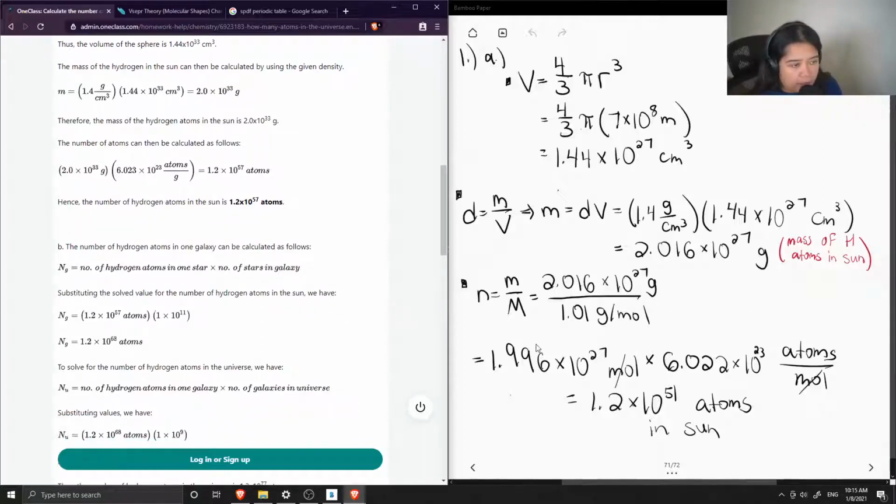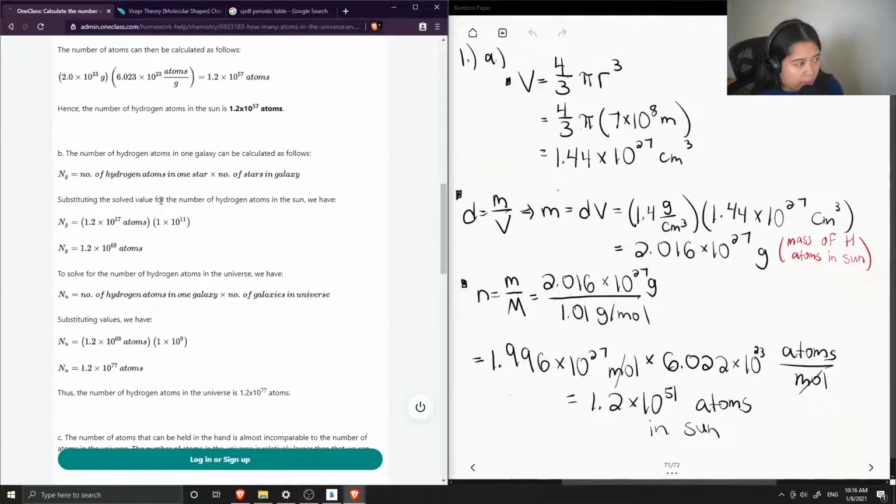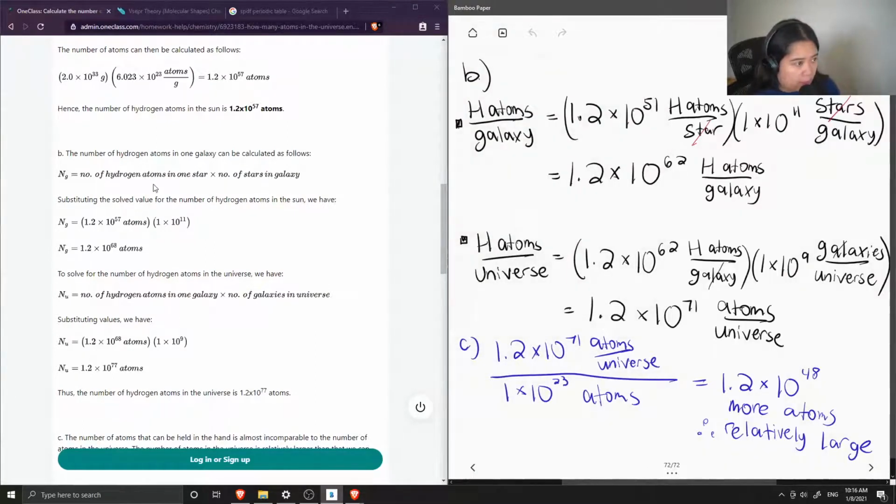But you can see that even though they forgot this step, by dividing by the molar mass of hydrogen, which is pretty much just 1, they get a similar value. But even then, it's a bit off because of the exponent. But still, I'll take note of that as well. So then for part B, they calculate the number of hydrogen atoms in one galaxy.